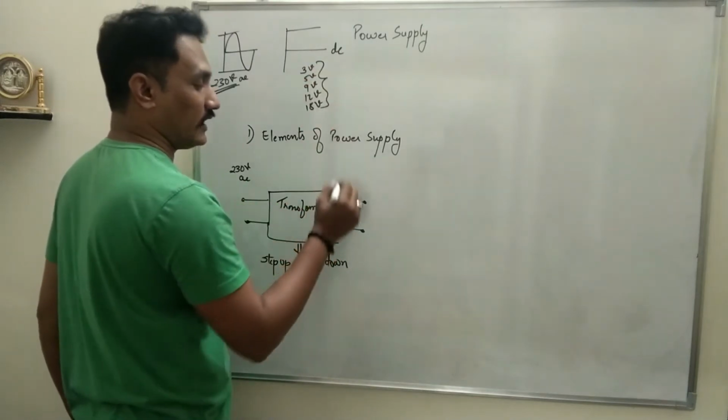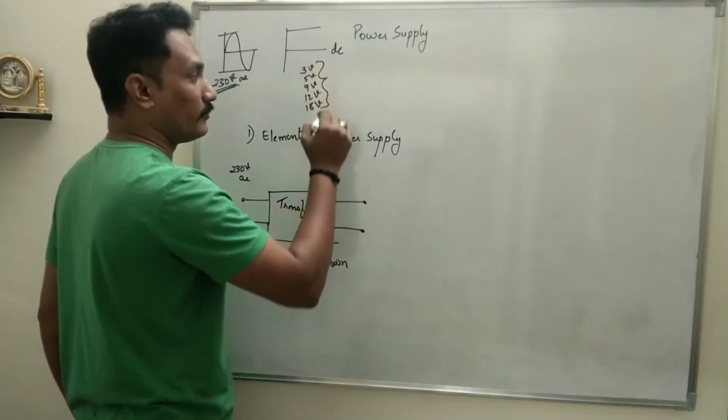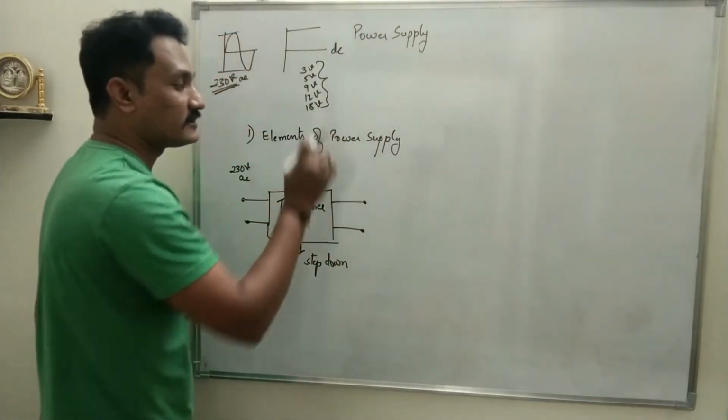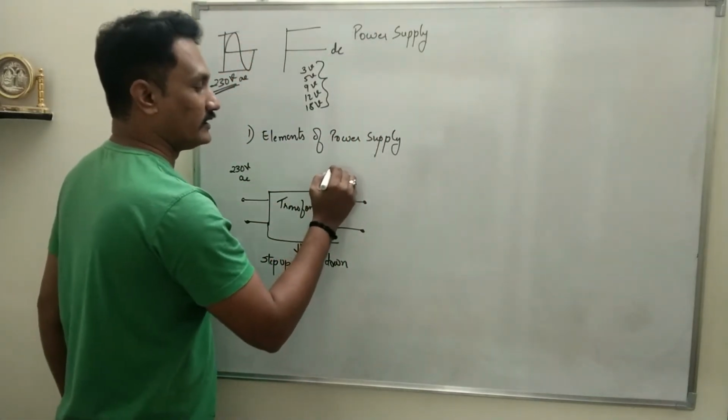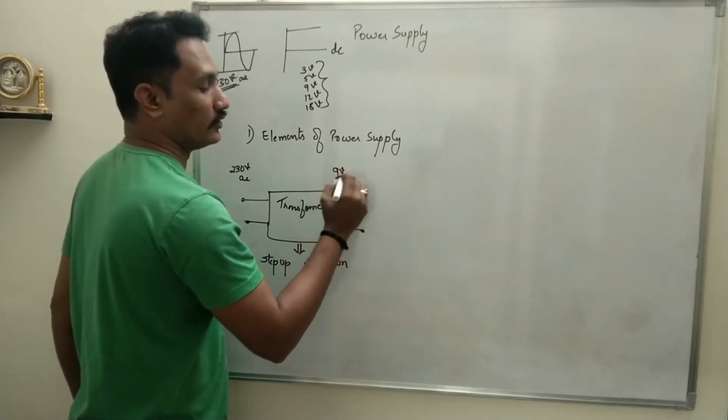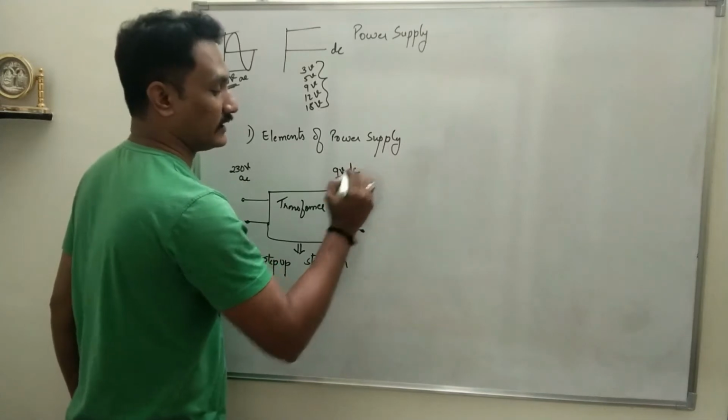Of course, the output of the transformer will depend upon the requirement of the instrument which we are going to drive by this power supply. So it can be, say, 9 volt. If it is 9 volt, we will convert to 9 volt DC.